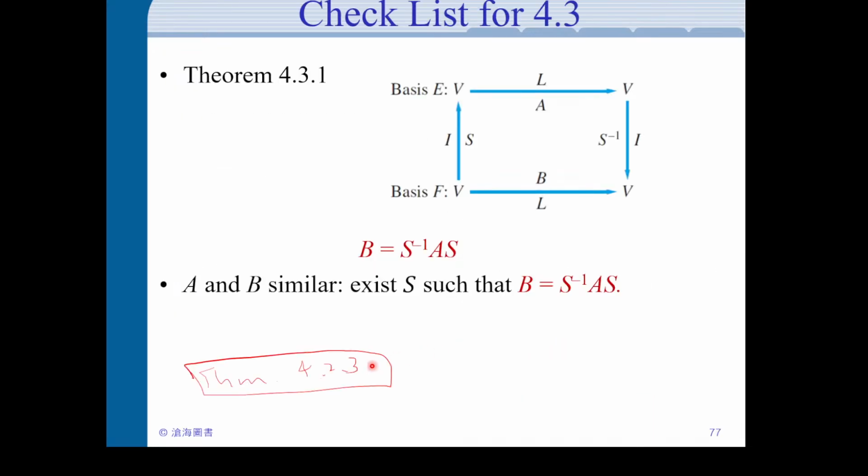Okay. And yeah, but for now we want to know how to do this transformation, and we want to remember this idea of similar. So similar matrix means that you can go from one matrix to another matrix by doing this sandwiching between S minus 1 and S. Okay.